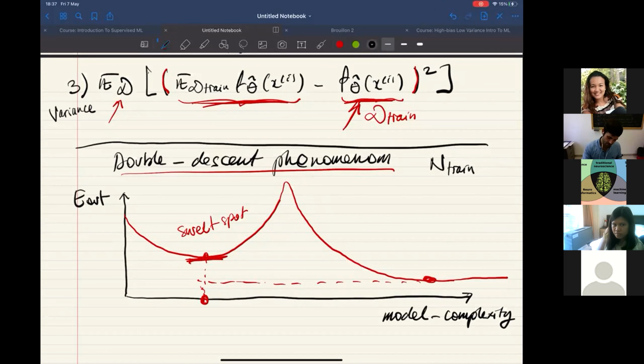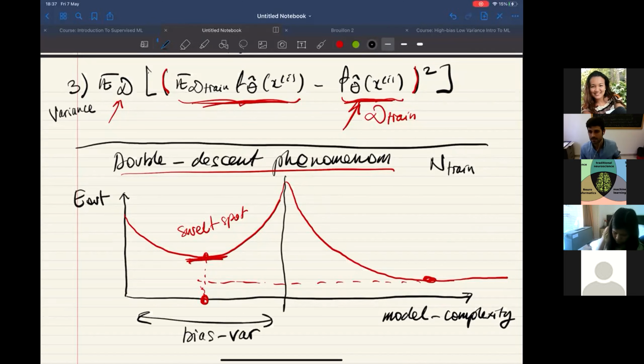So what I discussed today is essentially we stopped here. We studied this regime, statistics, and the bias variance trade-off theory that we did today applies here. But in reality, you have this second descent of the prediction error, which occurs if you consider extremely complex models.